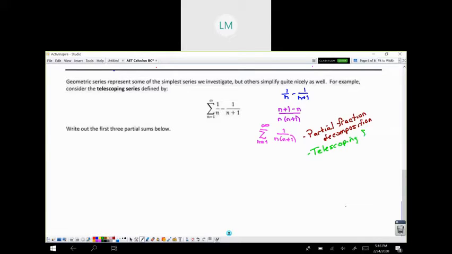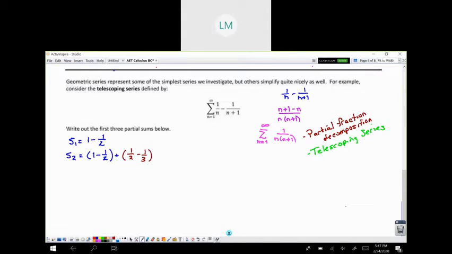Now, what does a telescoping series mean? Let's go ahead and write out the first 3 partial sums. Our first sum is going to be 1 over 1 minus 1 over 2. Our second partial sum will be 1 minus 1/2, which is our initial term, plus, now plugging in 2 for n, 1/2 minus 1/3.